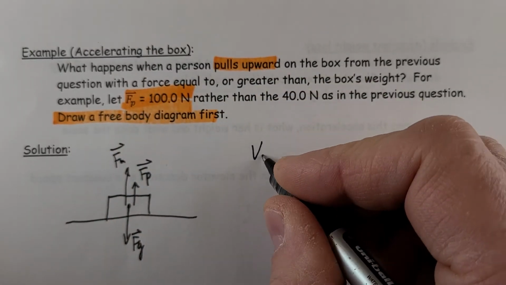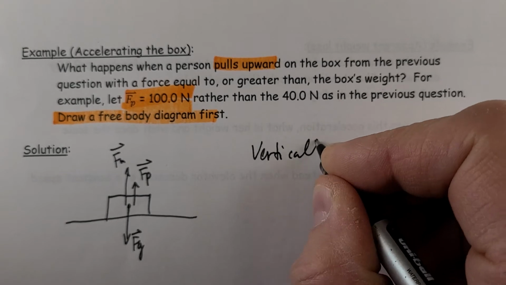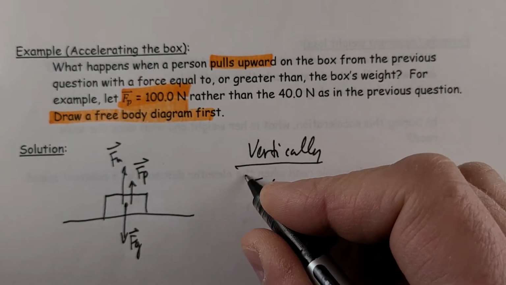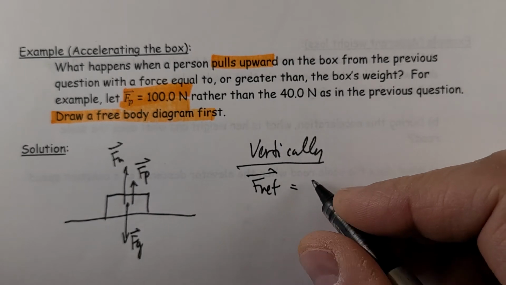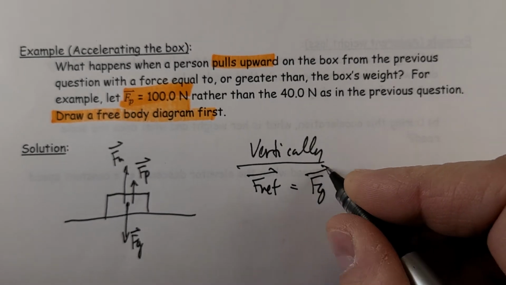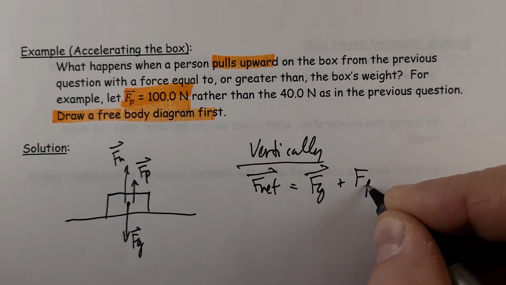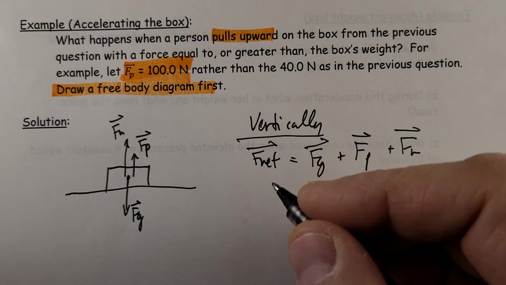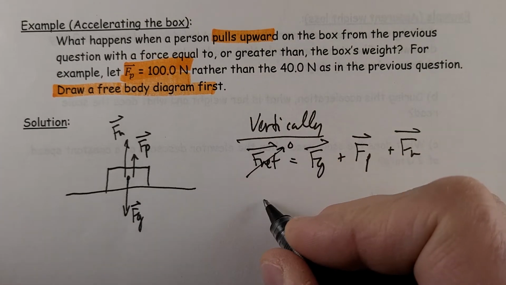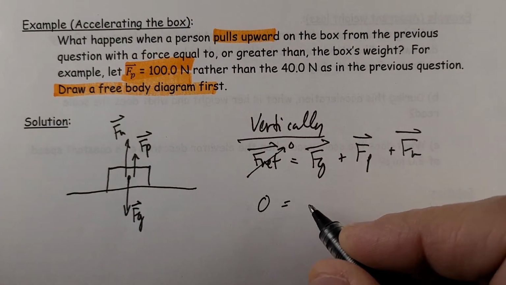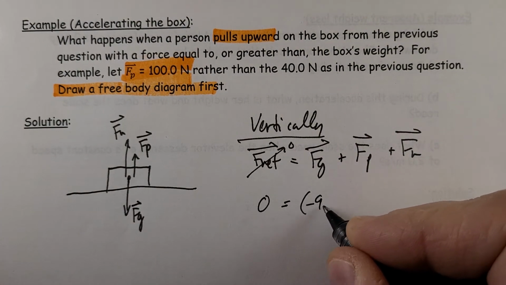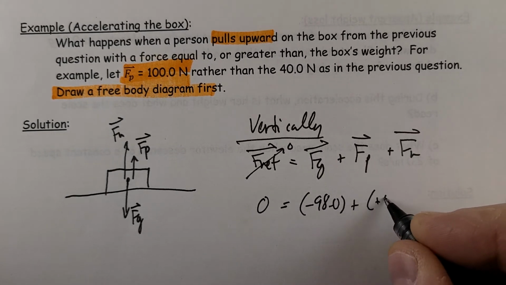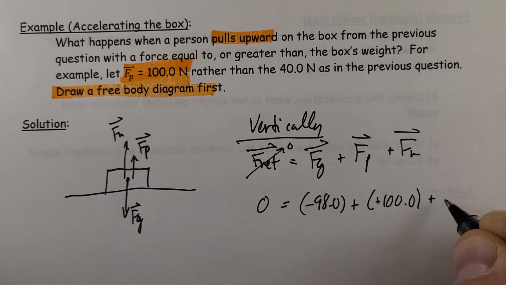So let's analyze this again vertically. The overall resultant force, Fnet, is equal to Fg plus Fp plus Fn. So all the forces being acted on there. And of course, it's not moving as far as we know, so that's 0. My gravity is negative 98. My pulling force upwards is plus 100.